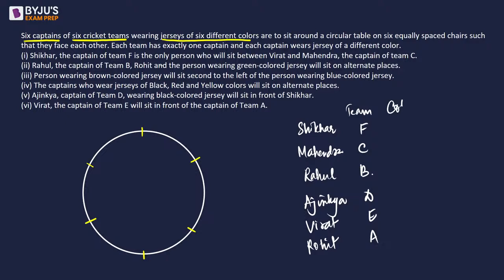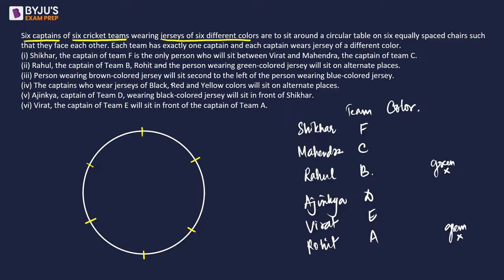Now let's talk about the color of the jersey if we know any. Shikhar, okay, in the first statement there is no color mentioned. Rahul, the captain of team B, Rohit, and the person wearing green colored jersey will sit on alternate places. So Rahul doesn't wear green color, and so does Rohit. Rohit will not wear a green colored jersey either, right?